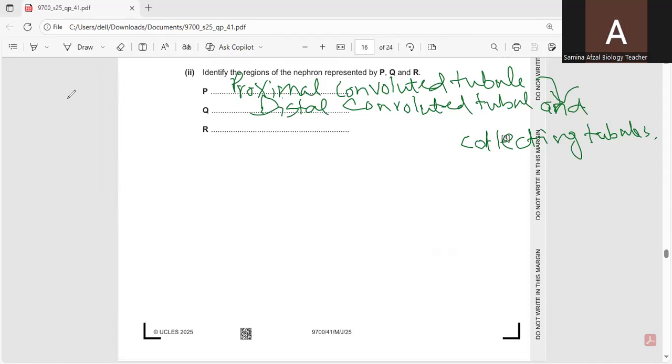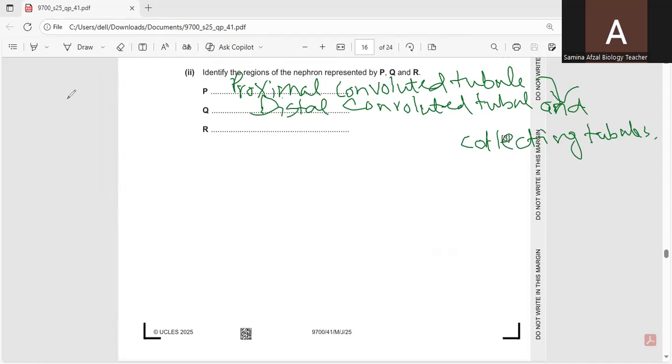And the third is the ultrafiltration of water and the molecules with a molecular mass of less than 68,000, small solutes, which move from the blood to the nephron. So the process of ultrafiltration is taking place over here.